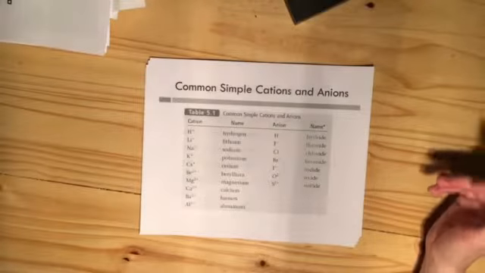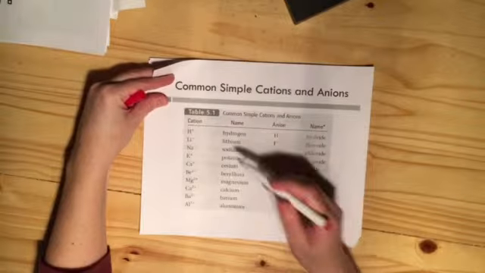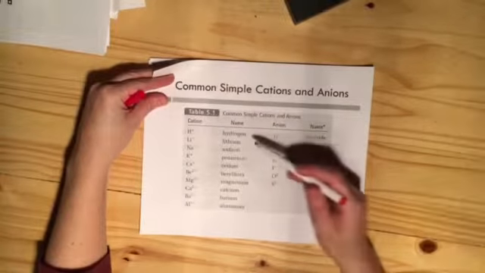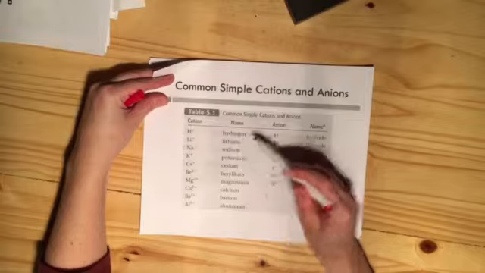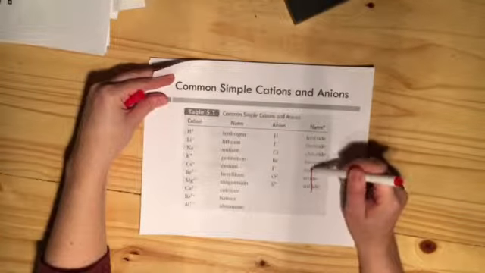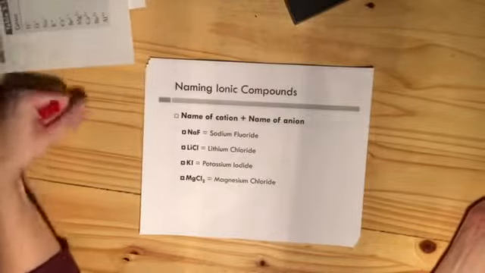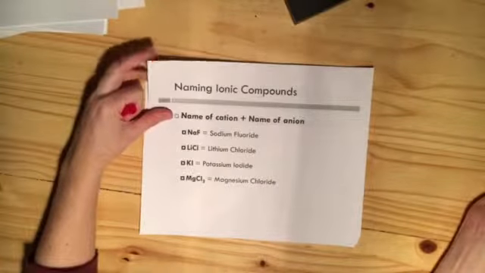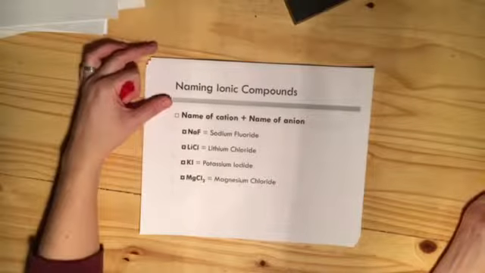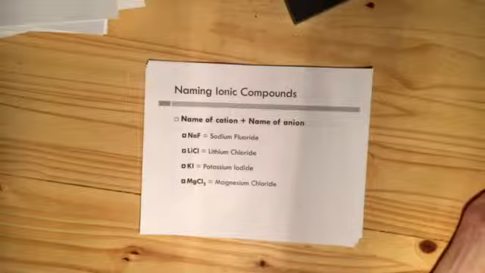And so here are some common simple cations and anions, and you look at how those are changed. Here we're just taking the name. Anions, you're always going to have this ending change. When we're naming ionic compounds, the name of the cation comes first, and then the name of the anion second.